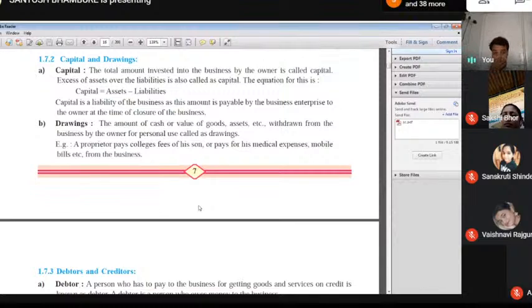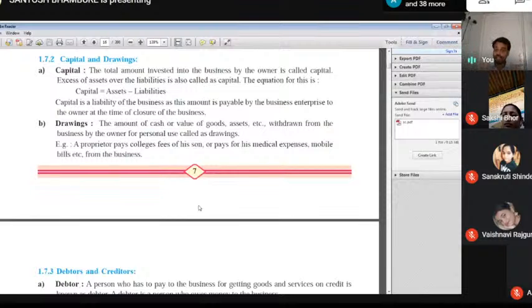Amount or goods used by the owner personally, that is, if any owner uses something for personal use, you have to call it drawing. Remember, everyone underline. If I have a shop, I am selling and purchasing some cloth, and if I am using one shirt and pant for myself, this is my drawings.